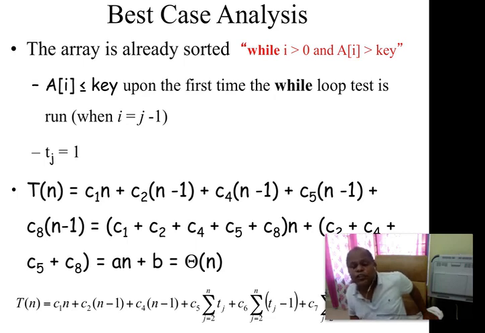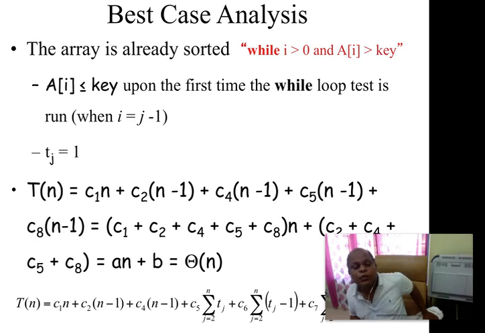Summation of 1 from 2 to n is nothing but n minus 1. Hence C5 into n minus 1 plus C8 into n minus 1, because C8 into n minus 1 is already there.